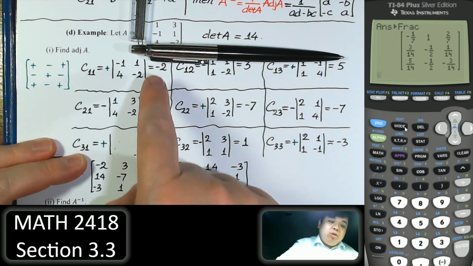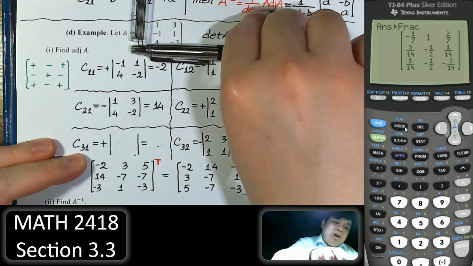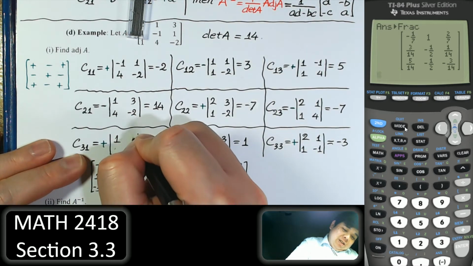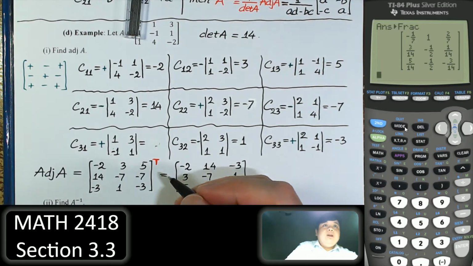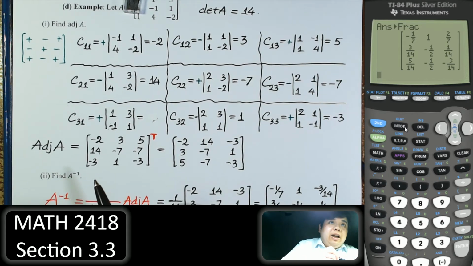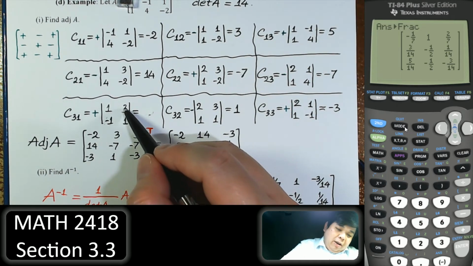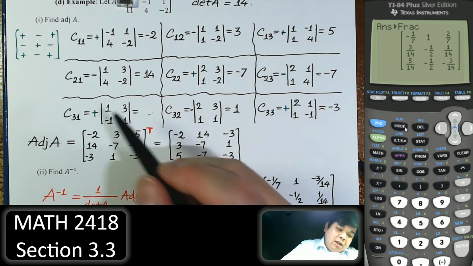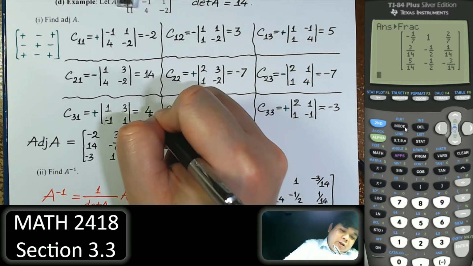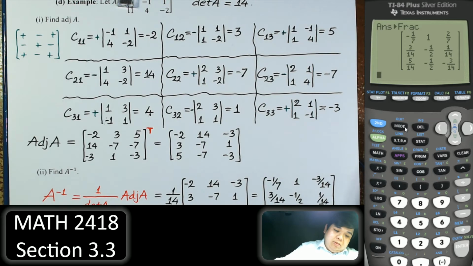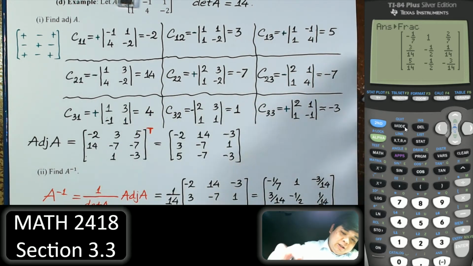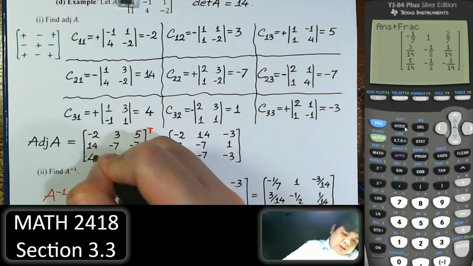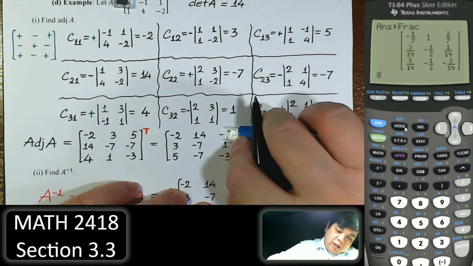For 3, 1, that should be 1, 3, negative 1, and 1. And so that gives us 1 minus negative 3, so that's going to be 4. So that should be 4. And the transpose is going to be 4 here.